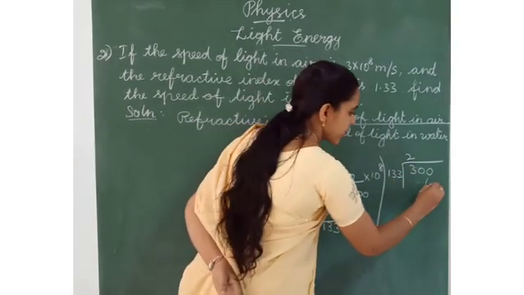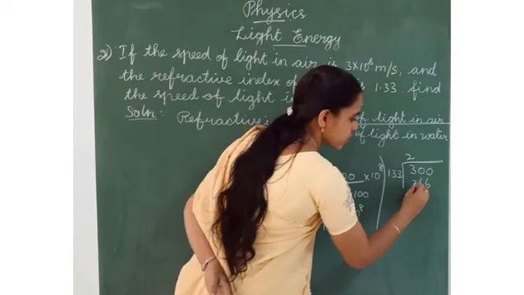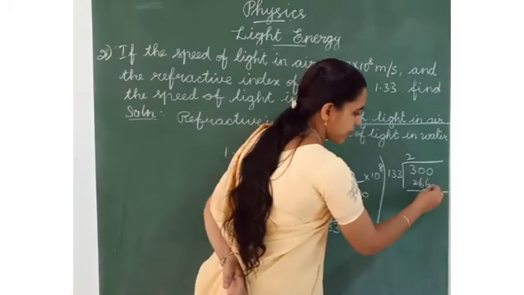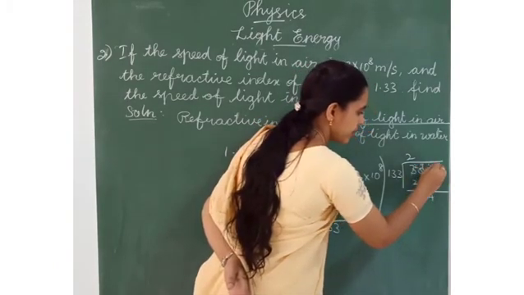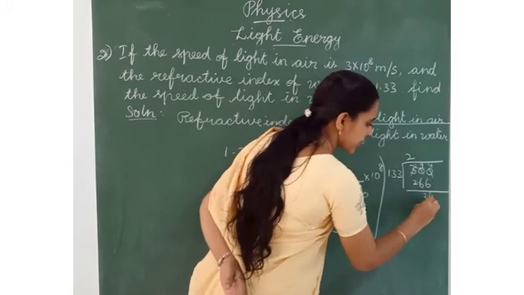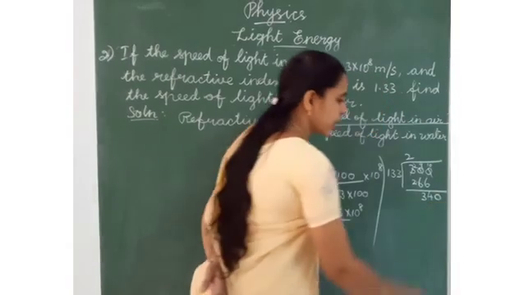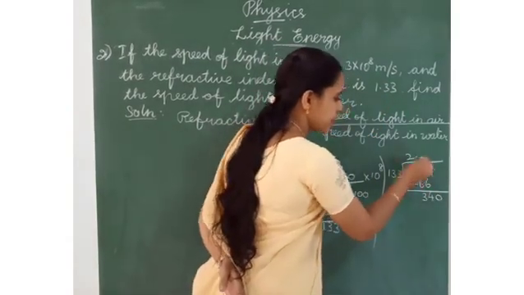2 3s are 6. Again 2 3s are 6. 2 1 is 2. Subtract the numbers. 10 minus 6 equal to 4. Here 9, 9 minus 6, 3. We should add 0 here. Only 2 digits are there, again we have to keep on decimal here.